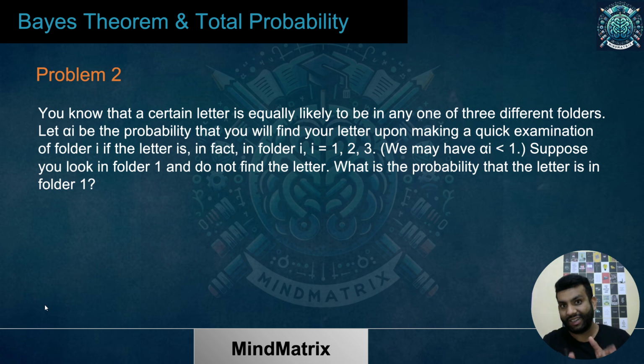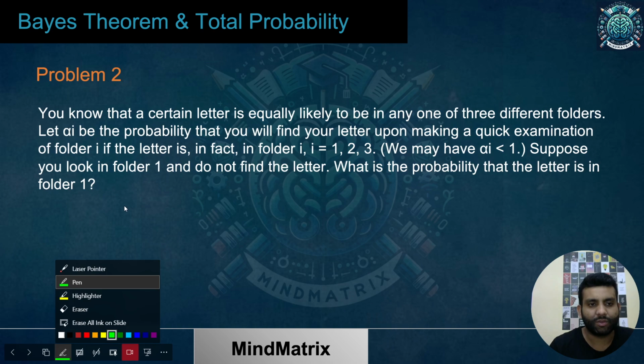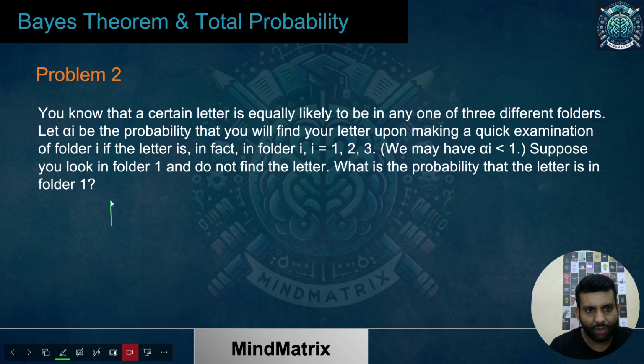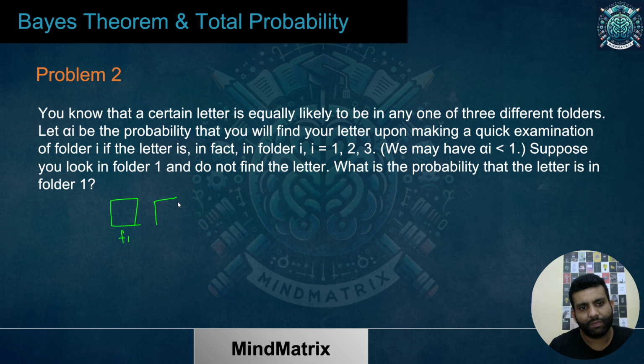This is a really interesting question, a very good question. It needs a good understanding to be able to solve this problem. What is given over here is that a certain letter is equally likely to be in any of the three folders. Let me just write: suppose this is folder 1, this is folder 2, and this is folder 3.